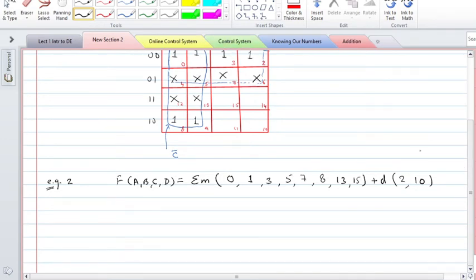Okay, so again we have to draw the K-map, a 4 variable K-map.